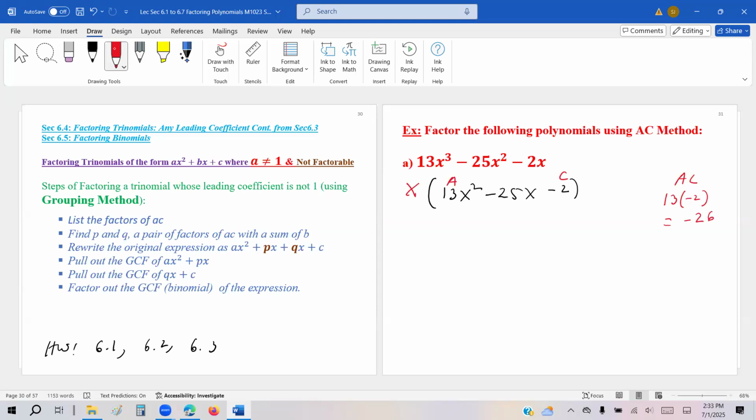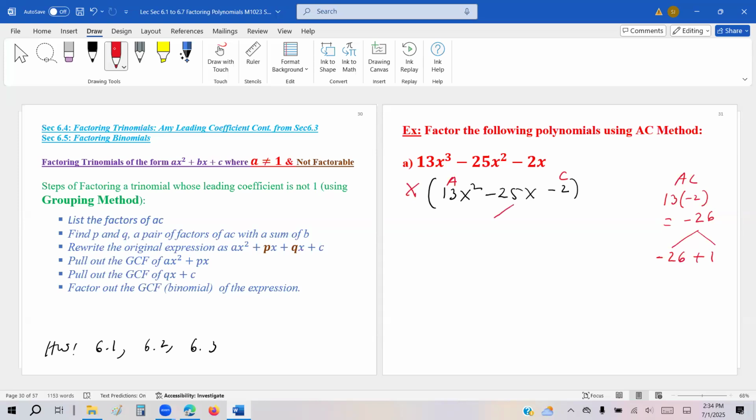And now divide 26 into 2 pieces that, when you combine them, give you negative 25. Which two numbers multiply to negative 26 and combine to the middle term, negative 25? Perfect. Negative 26, positive 1.